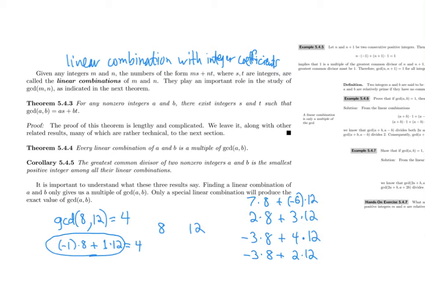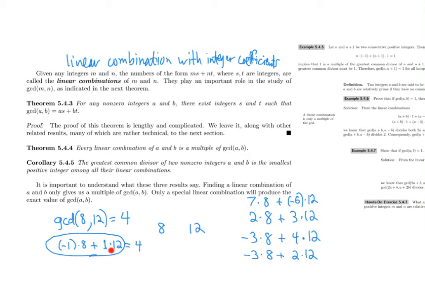But the point is that we have to combine these three results to be able to use them towards something else. Anytime we create a linear combination of two non-zero integers, that answer is going to be a multiple of the GCD.